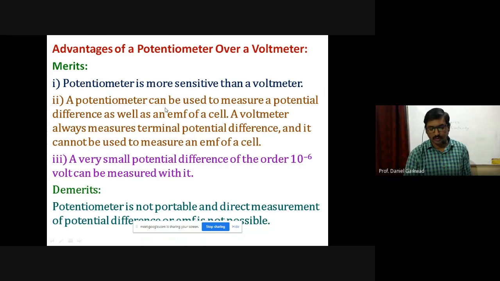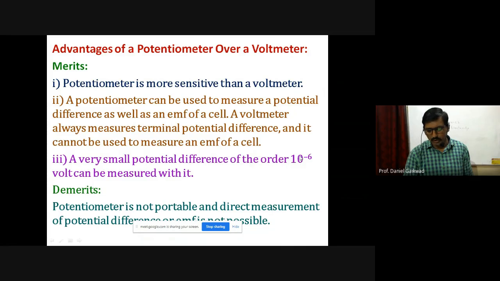So simply, in the second point, a voltmeter measures only potential difference, and a potentiometer can be used for potential difference measurement as well as EMF measurement. So a voltmeter doesn't measure the EMF of a cell; that can only be measured with the help of a potentiometer. Now number third, a very small potential difference of the order of 10 raised to minus 6 can be measured with it.